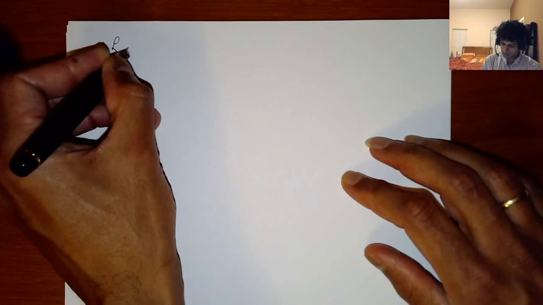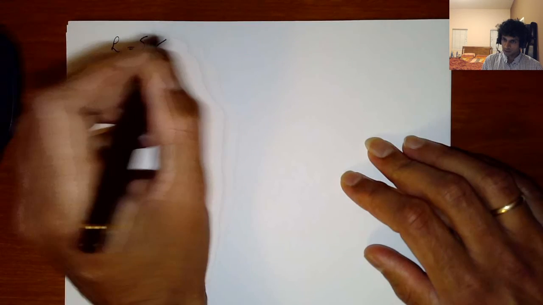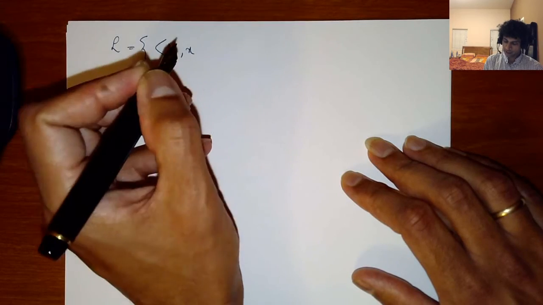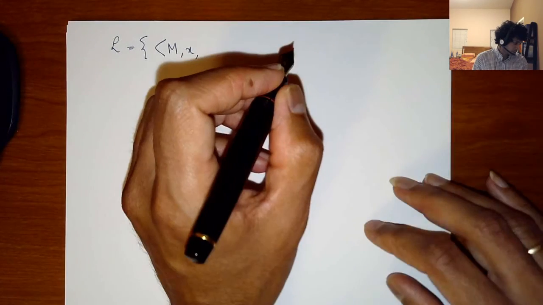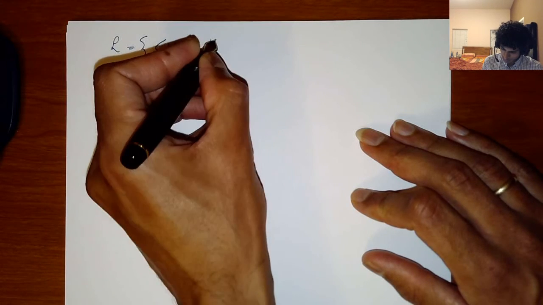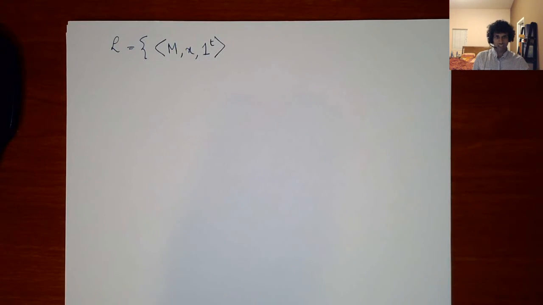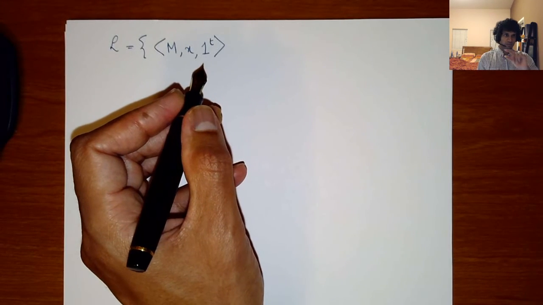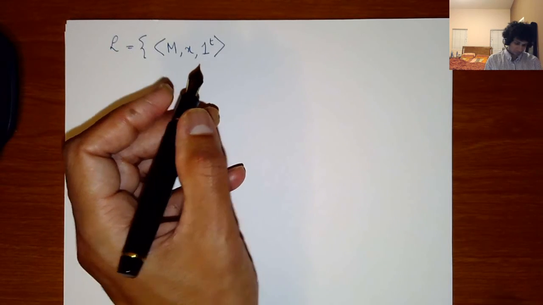Okay, so consider the following language. L is going to be the encoding of a Turing machine M, an input X, and 1 to the T. So I'm just doing a unary encoding: 1, and I just put T 1s after it.